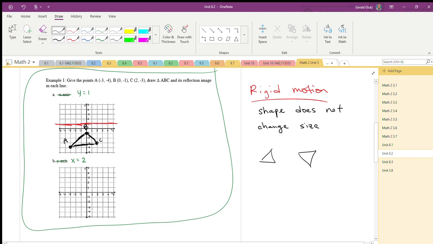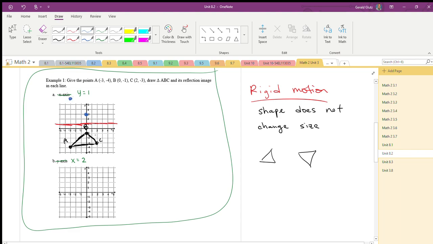So now I'm going to reflect over that red line. I'll make the new points blue. So to reflect over this red line, I'm going to start with point B. So what distance is this point away from the red line? Well, it's 1, 2. So that means the new point has to be 2 above. So this was 2 below, this one's going to be 2 above. This point is 1, 2, 3, 4, 5 below the red line, so the next one's going to be 5 above, somewhere up there.